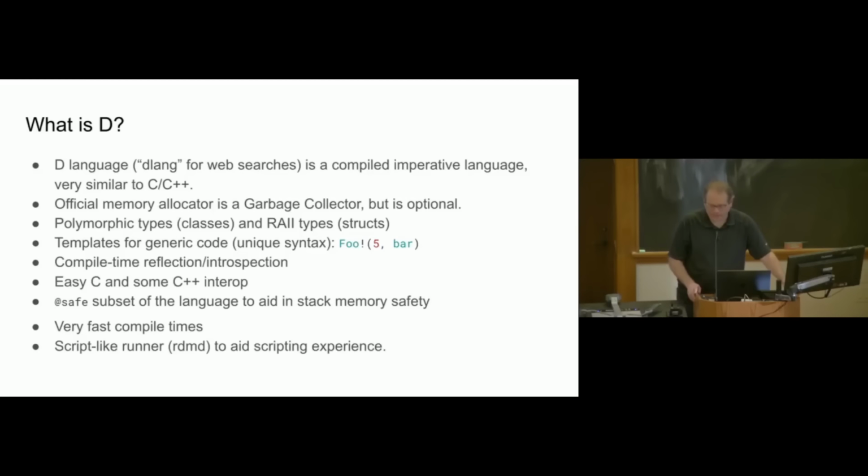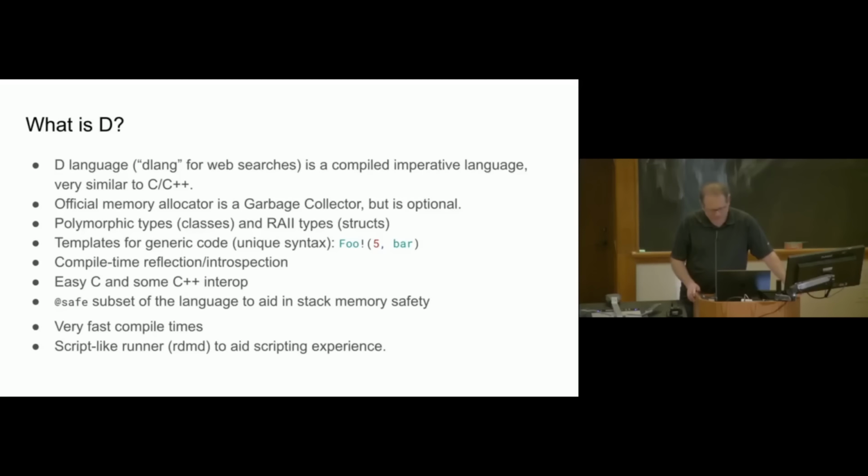We have compile-time reflection and introspection, which is probably one of the most powerful pieces of D. And we have easy C and C++ interop, so you can basically just call C functions or C++ functions. There are some limitations for C++, but for C, there are almost no limitations.